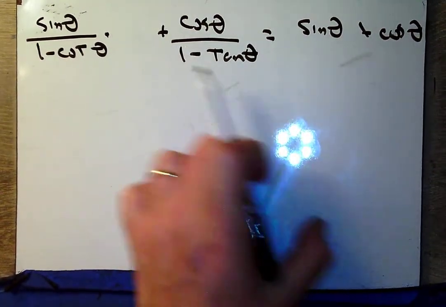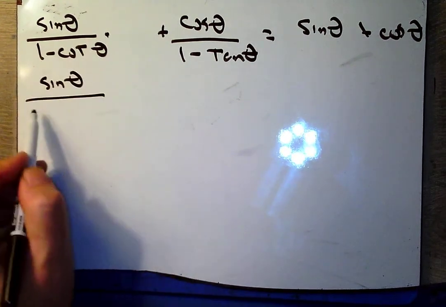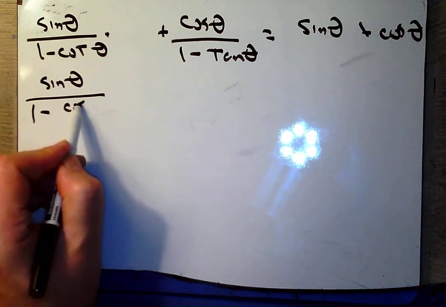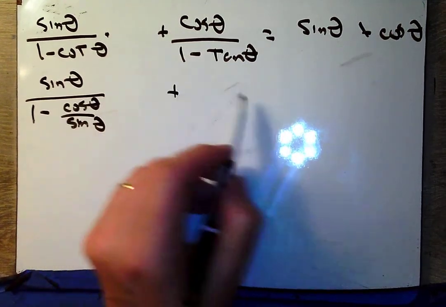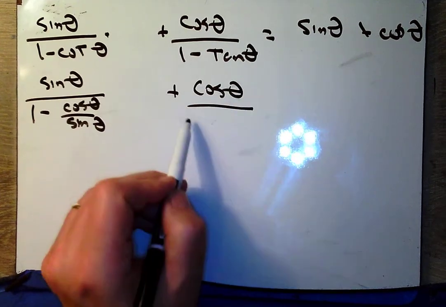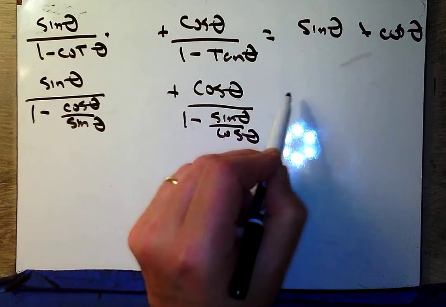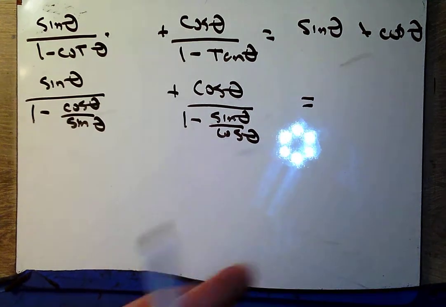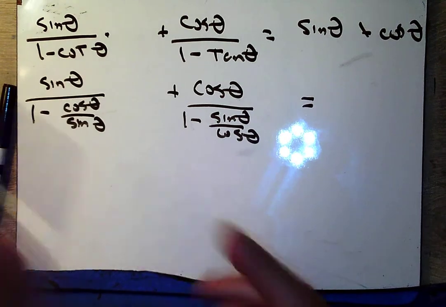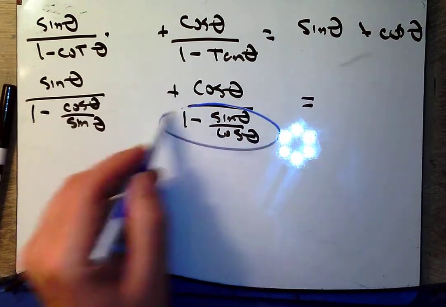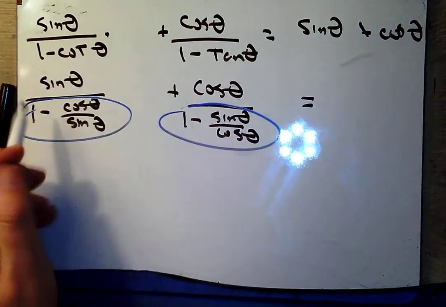But I'll humor you. It's going to be sine theta over 1 minus cosine theta over sine theta. And then over here we have this cosine theta, and we get 1 minus sine theta over cosine theta. Well, that's great. Okay, so now what do I have to do? Well, because I took this path, I've got to make a common denominator down here. We did this in complex fractions last semester.